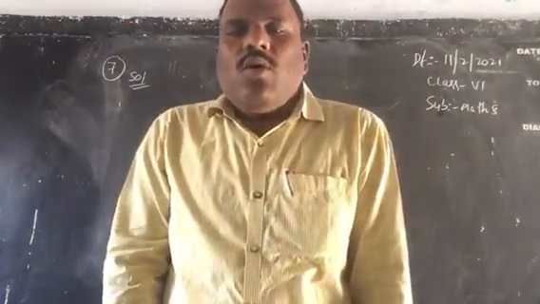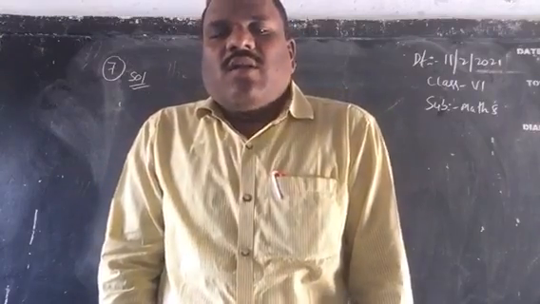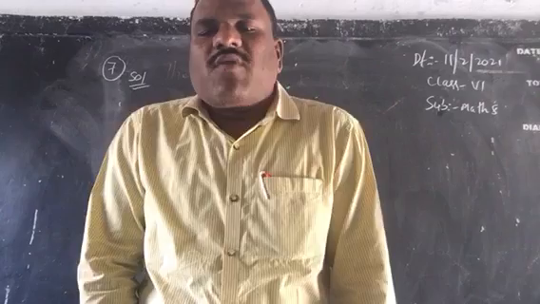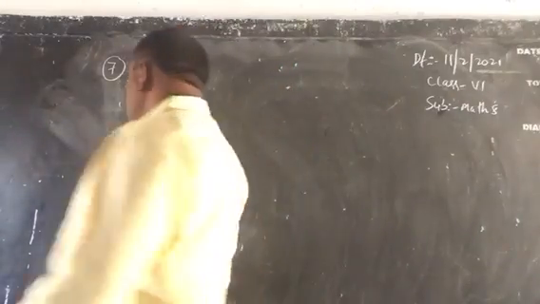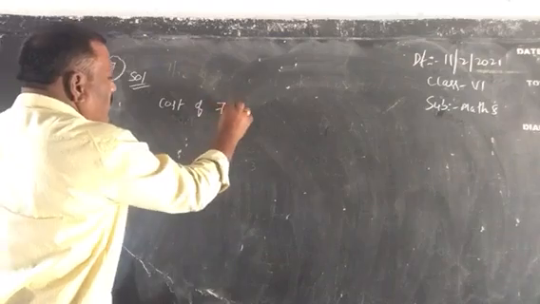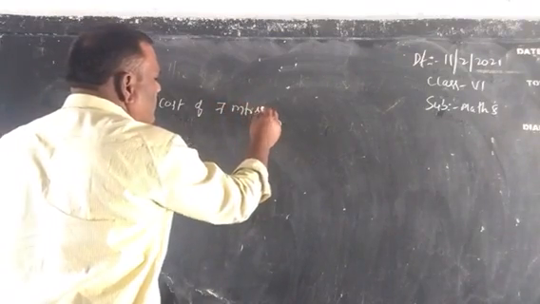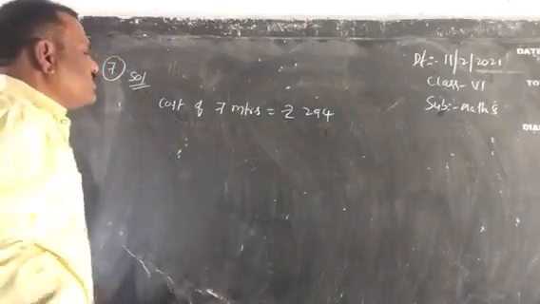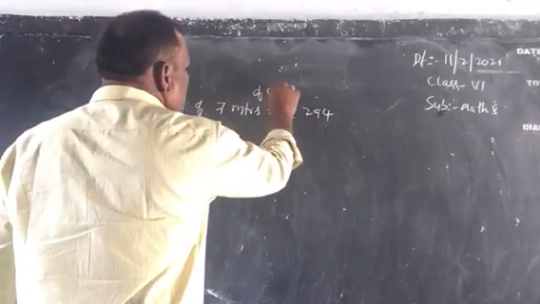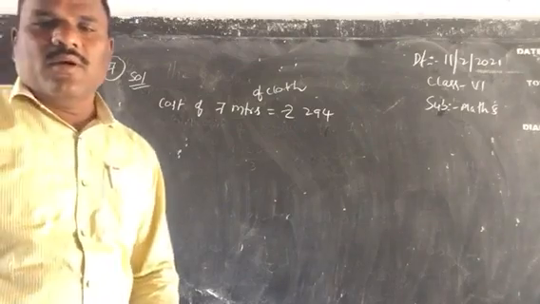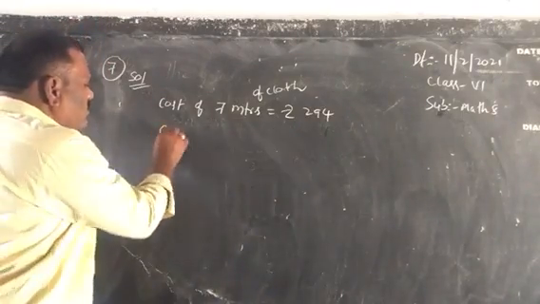Okay. So if the cost of 7 meters of cloth is rupees 294, find the cost of 5 meters of cloth. So children, cost of 7 meters of cloth equal to rupees 294. Cost of 1 meter of cloth how much?